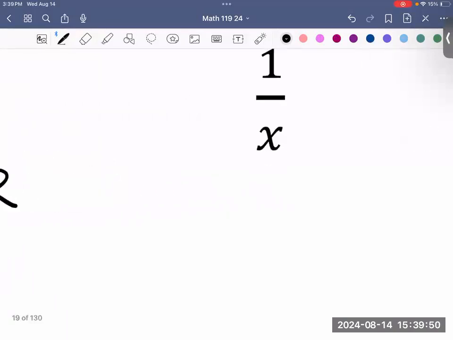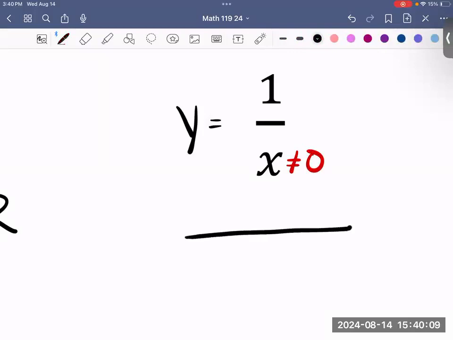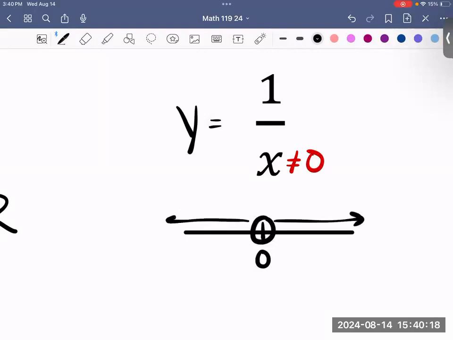Now, if we change the variation ever so slightly, we have y equals 1 over x. Well, now x is in the denominator. So what value is not ever allowed in the denominator? Well, x cannot be 0. So it can be any number besides 0. If we were to do a little number line, we now have a vertical asymptote at 0.